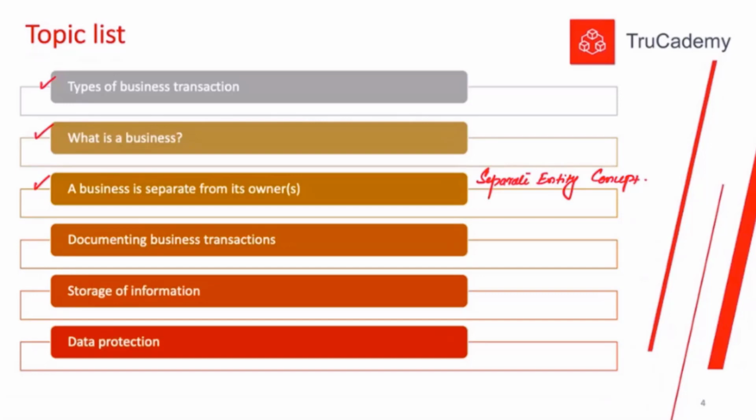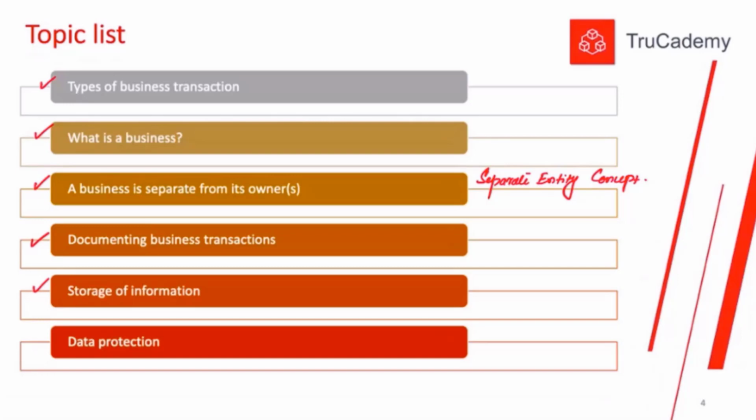After this, documenting business transactions, how we can document all of the business transactions that we perform in the day-to-day running of the business. Storage of information, how we can store the information, because whenever we are documenting all these business transactions, it's a huge amount of information.